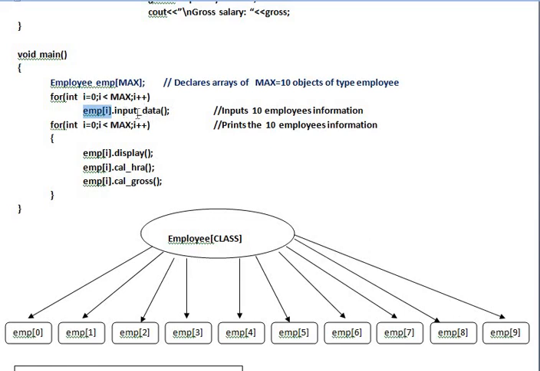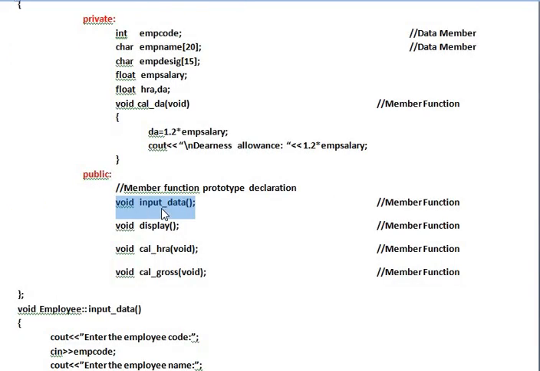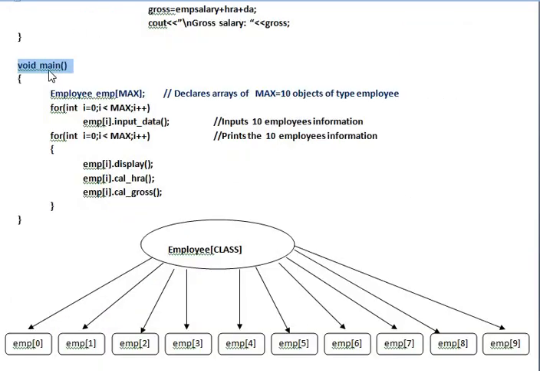We shall come to know by looking at its access specifier. If you look at the member function input_data, its access specifier is public. You already know that public members can be accessed from outside of the class. So from outside of the class, which is the main function, I can easily access the member function input_data with the help of the first object emp0.